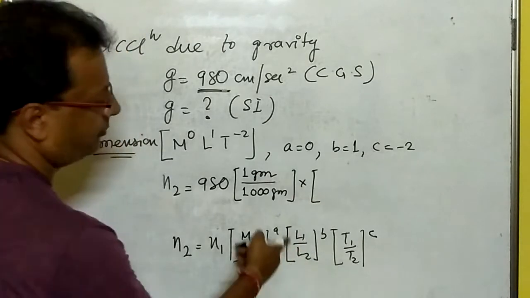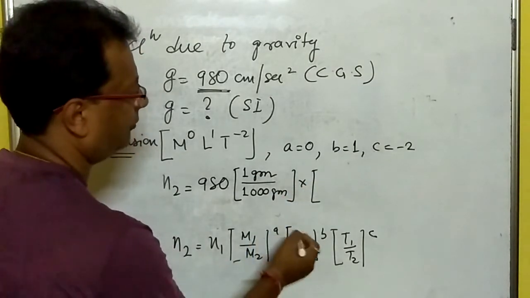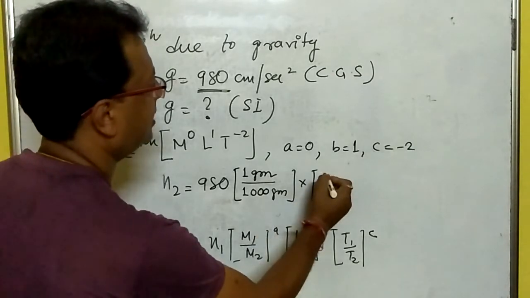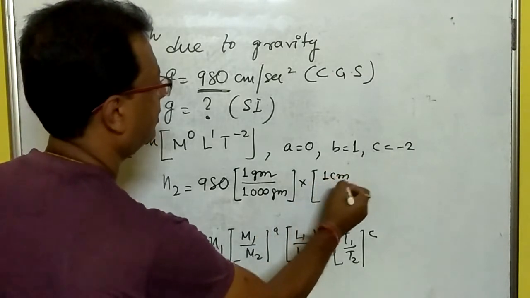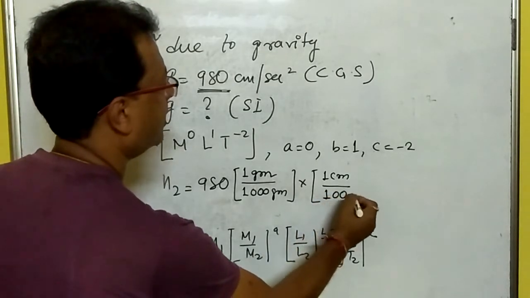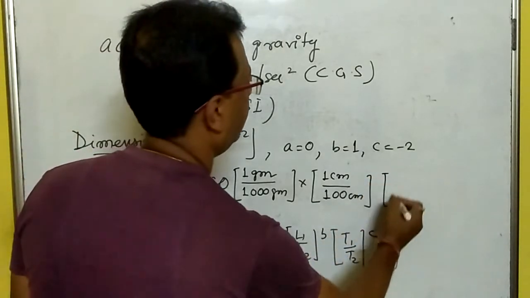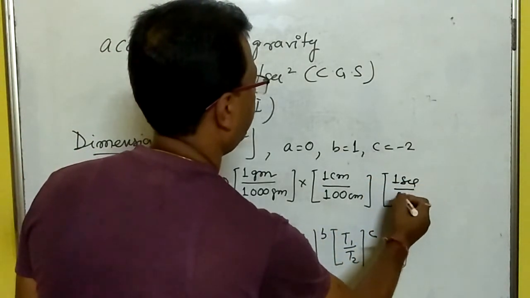Then this comes for length. The measurement of the length L1 in CGS unit is 1 centimeter, and in SI system it is 1 meter or 100 centimeter. For time, we can write it as 1 second by 1 second.